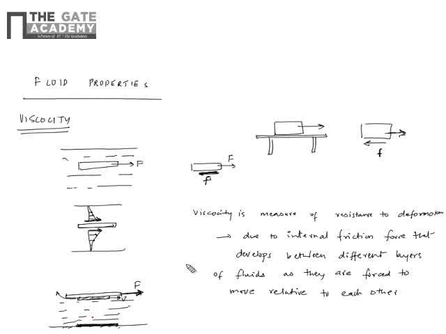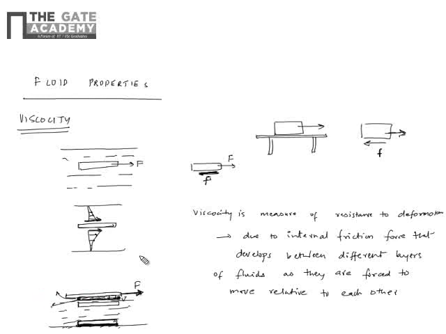Now in between, say this fluid is stationary, so the immediate layer will have some velocity because of this effect, but less than that. Coming from the top, the fluid layer just below the top plate will move with the velocity v. Now the fluid layer just below this will try to oppose the motion of the top layer.